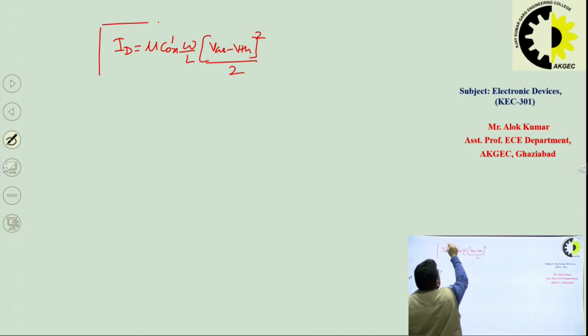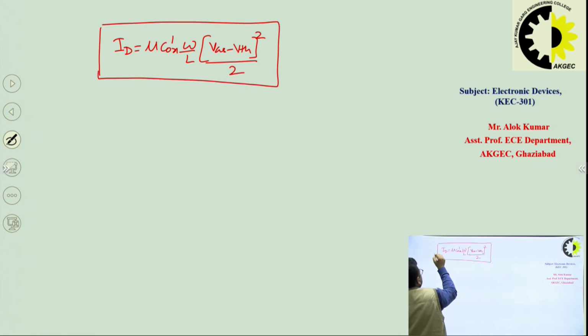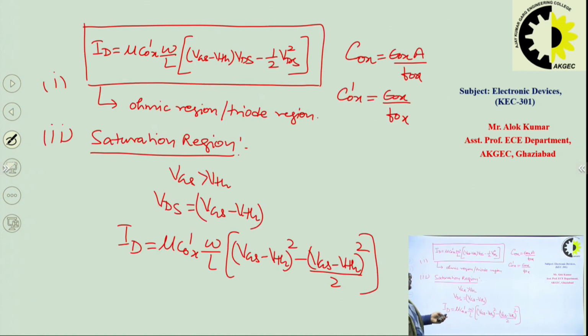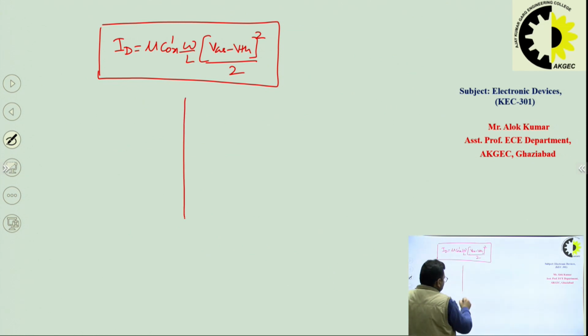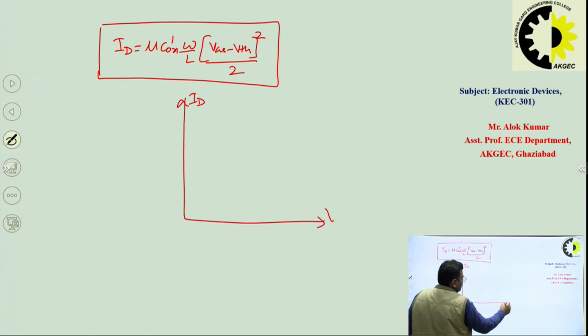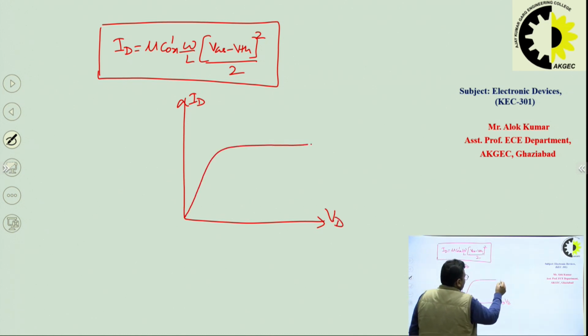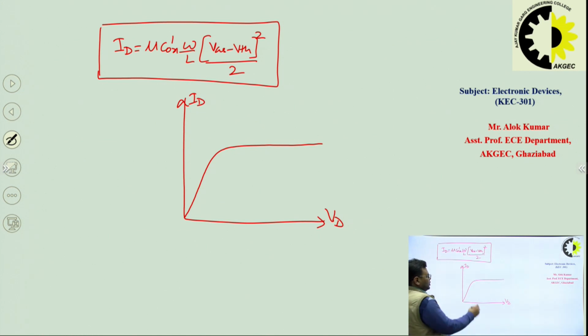So this will be the current equation for the saturation region, and the previous equation was for the ohmic or triode region. So as in MOSFET characteristics, we can see there are only two regions. Suppose this is ID and this is VD, and here we can see this graph that we generally obtain.